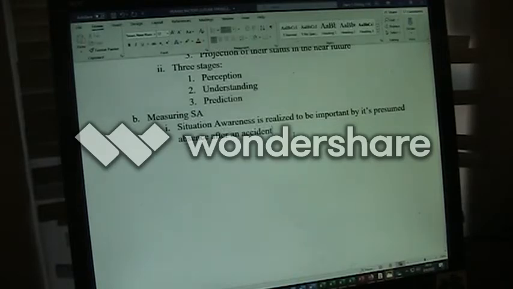In other words, we're often thinking about situation awareness and how important it is after something has happened, and often it's being imputed that that was the cause of an accident, or at least a contributing factor in an accident afterward.